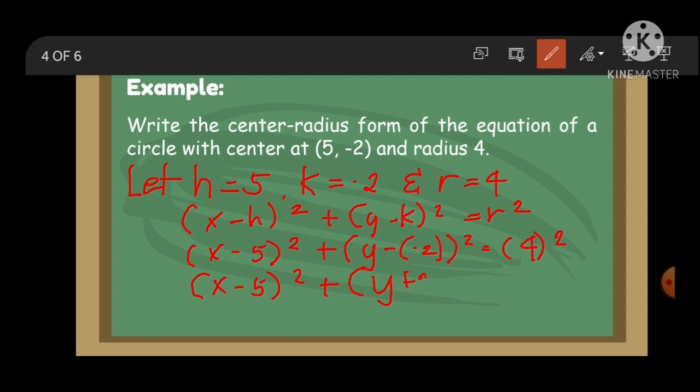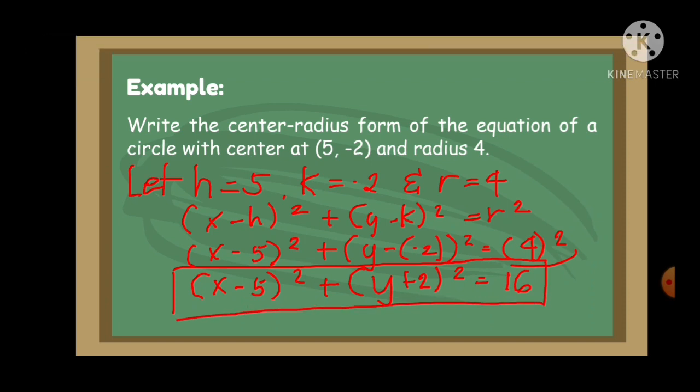So, (y + 2)² = 4², which is equal to 16. So this is now the center radius form of the equation of a circle. It's very easy, right? Now let us proceed to the next example.